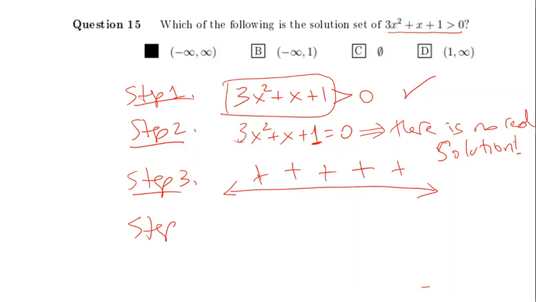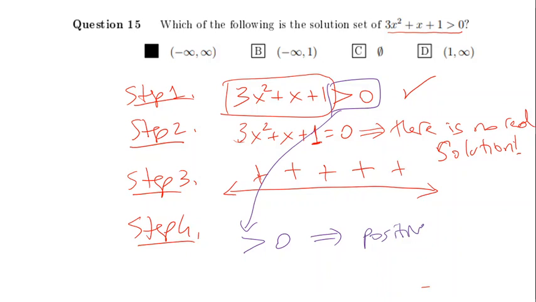So step 4 is you will check now this condition here. This is what is wanted. So what is wanted? Positive intervals wanted. Roots not wanted, but we don't have any roots, so there's no problem. So we don't have anything like this here.